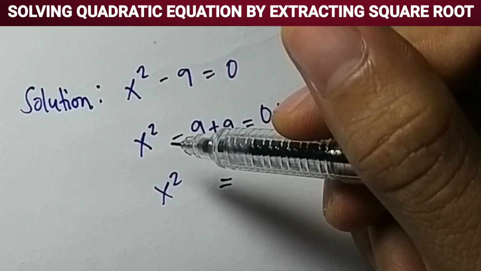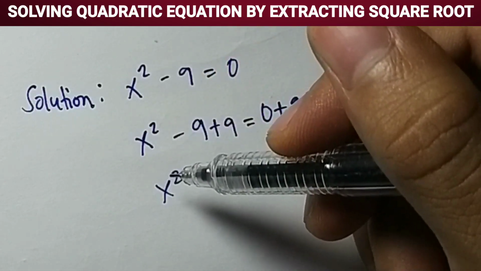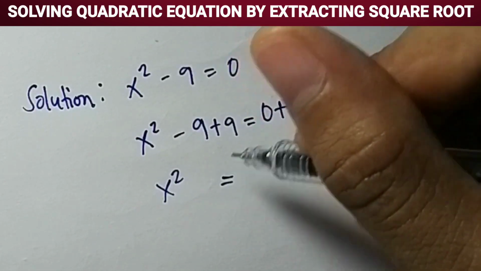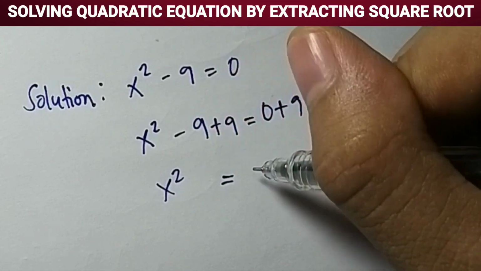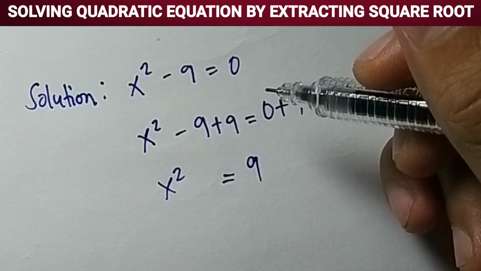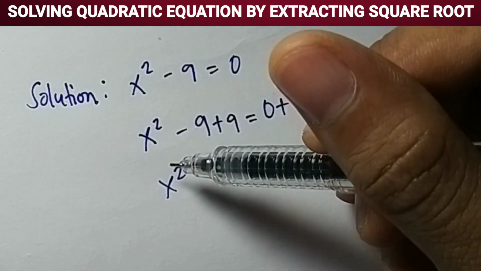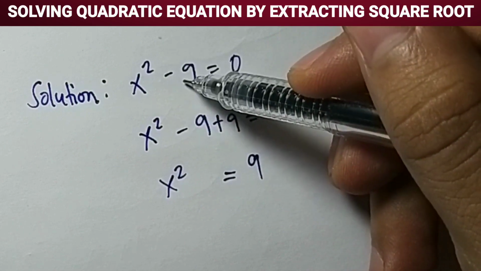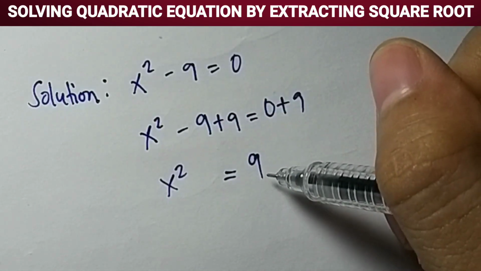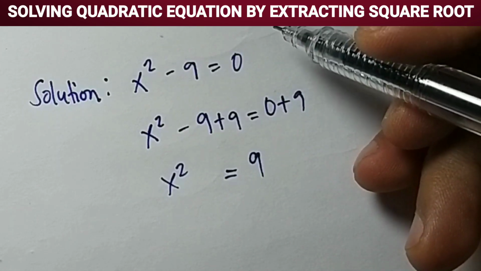So na-achieve na ang atong gusto mahitabo nga ang mabilin diri kini na lang x squared, kini na lang quadratic term. So we have 0 plus 9, that is 9. So nabalhin na ang negative 9 natabok na sa pikas, nahimo ng positive 9.